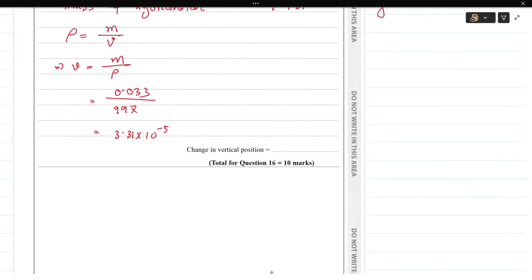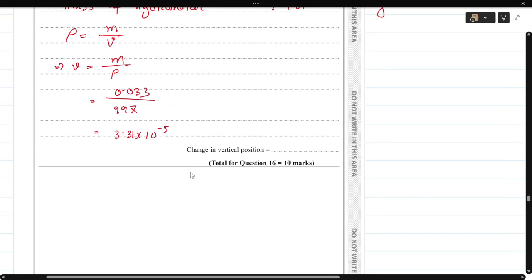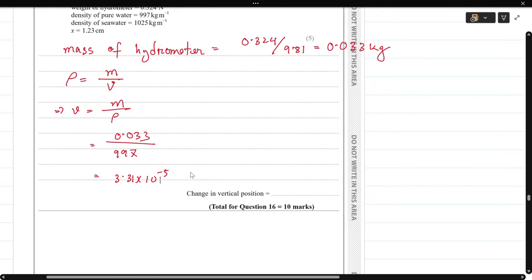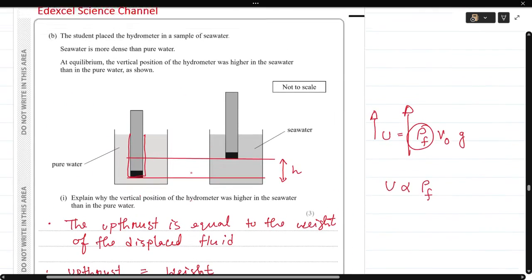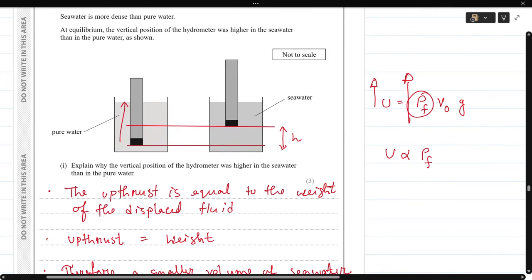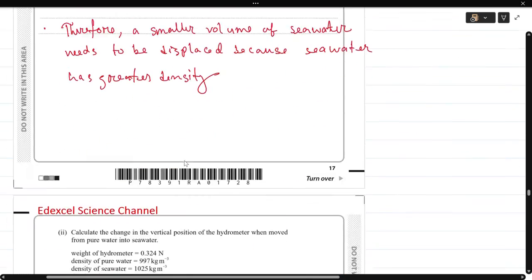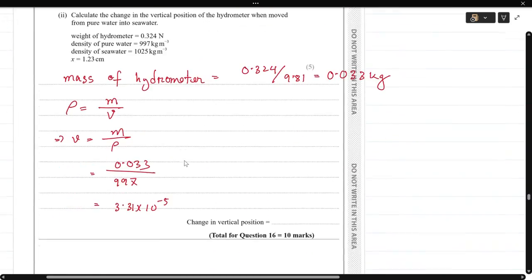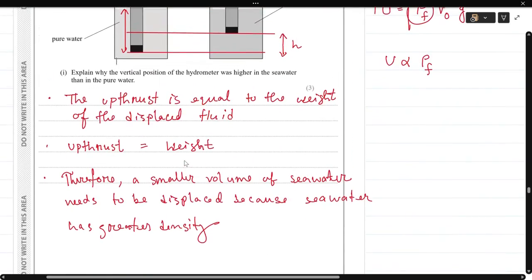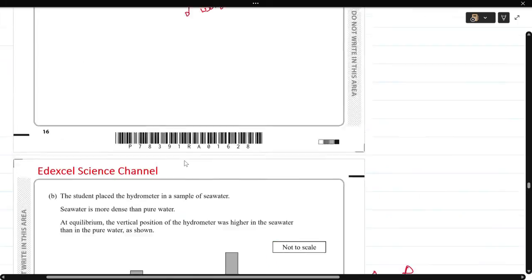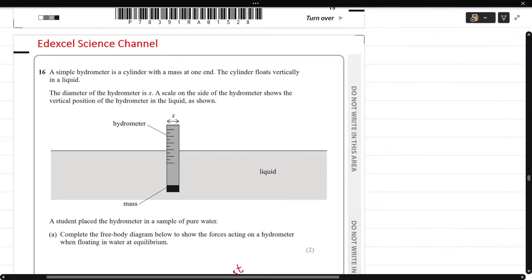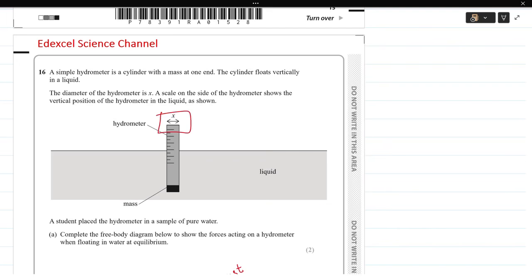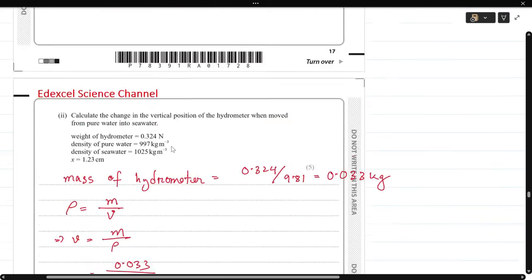Next we are going to find out how much is the depth. What is the depth over here? Now this is the tricky part, because most students would not think of this way, but at the beginning of the question they gave us a hint. They gave us the diameter of the hydrometer. There was no reason for them to give us the diameter, but now they have.